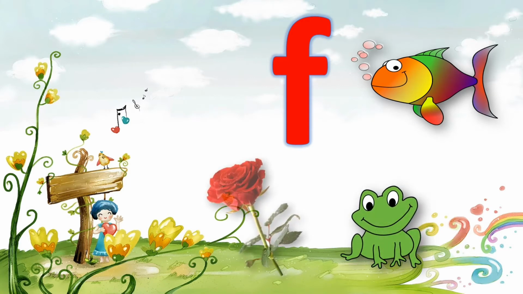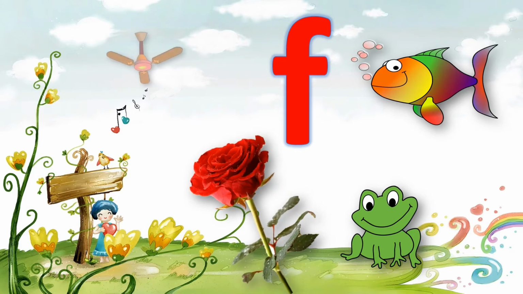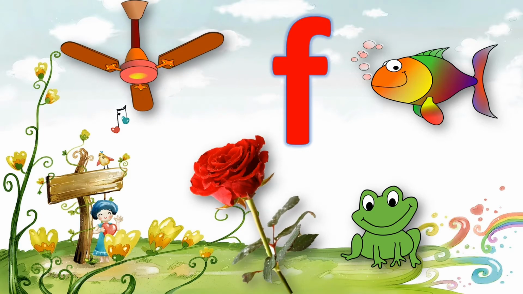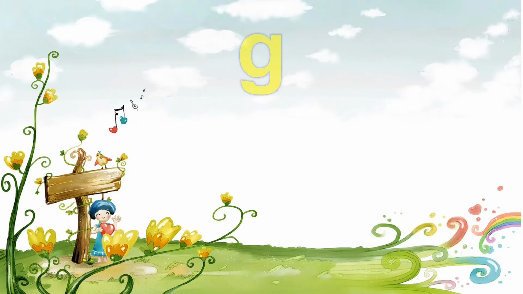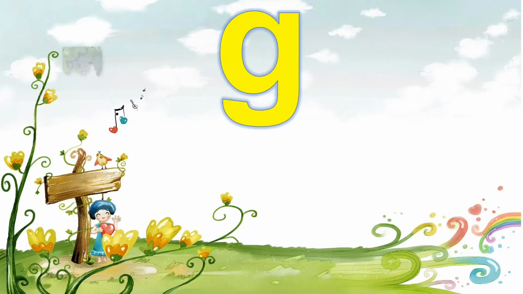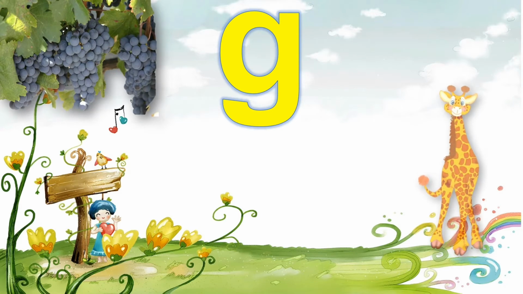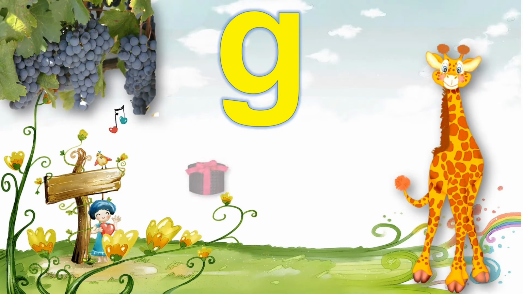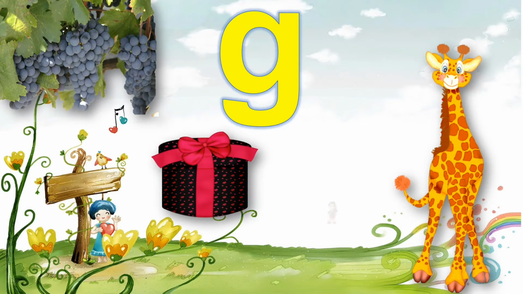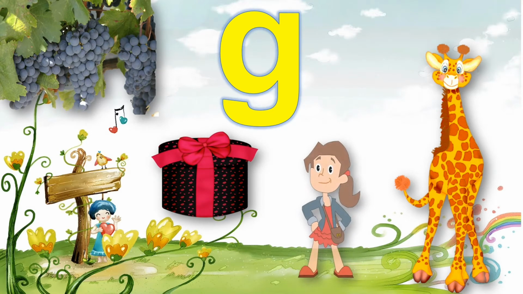F is for flower. And F is for fan. G. G is for grapes. G is for giraffe. G is for gift. And G is for girl.